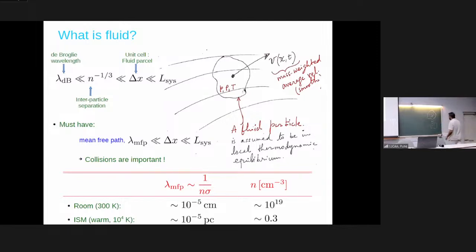So the idea of fluid particle or unit cell makes sense if there are very frequent collisions, so that the particle near the surface, whenever it tries to escape that imaginary fluid particle surface, collides with other particles and tries to come back. Okay, so the collisions are very frequent, and whatever is your notion of unit cell in a fluid, it retains its identity in terms of number of particles.